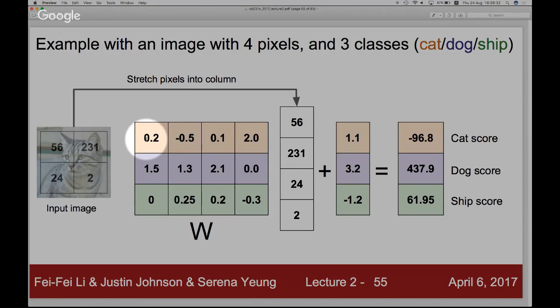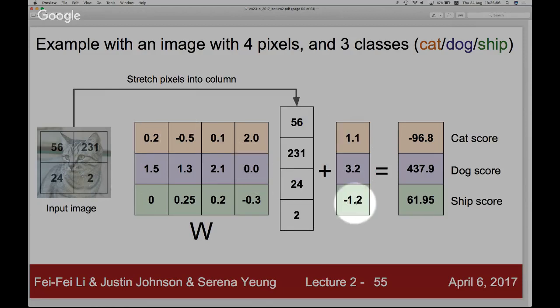And then all we're going to do is matrix multiplication, which is just going to transform this set of numbers into a score. We're going to stretch the pixels of this image x into the form of a column vector, 56, 231, 24, and 2, and just do matrix multiplication.